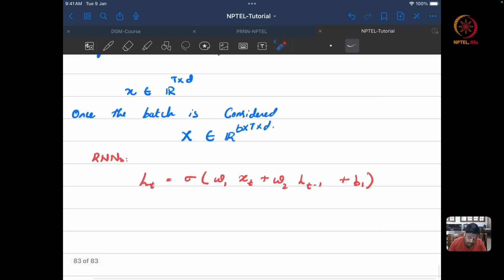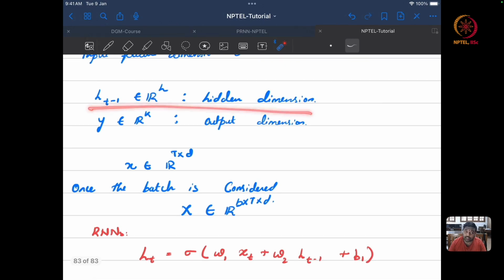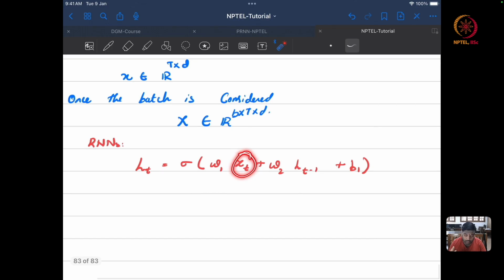Please remember that this h_t is of the hidden dimension, so it has to be of size R^H. This is for one instance, one timestamp. So at the timestamp t, the hidden state should belong to R^H.